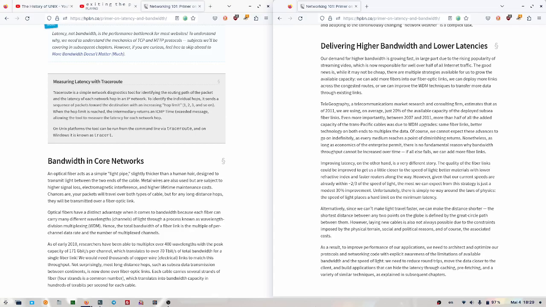As a result, to improve performance of our applications, we need to architect and optimize our protocols and network code with explicit awareness of the limitations of available bandwidth and the speed of light. We need to reduce round trips, move the data closer to the client, and build applications that can hide the latency through caching, prefetching, and a variety of similar techniques, as explained in subsequent chapters.